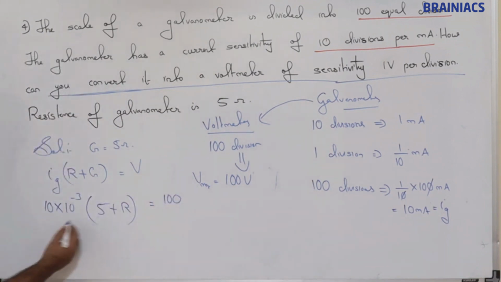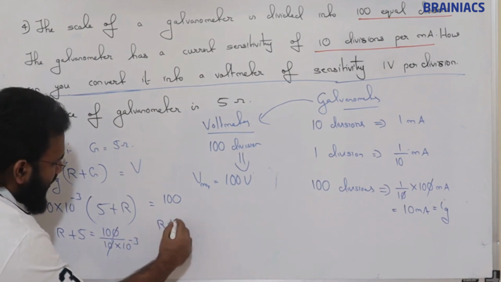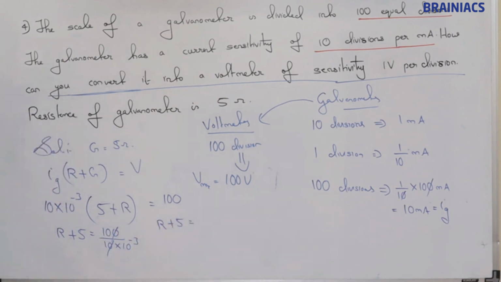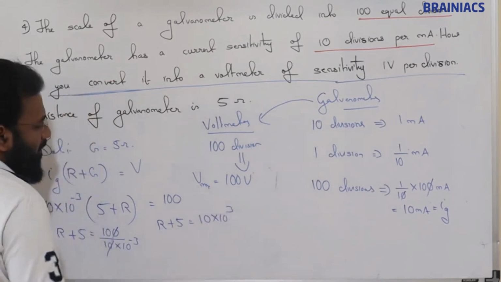So R plus 5 is equal to 100 by 10 into 10 raised to minus 3. So this is cancelled. R plus 5 is equal to 10 into 10 raised to 3.